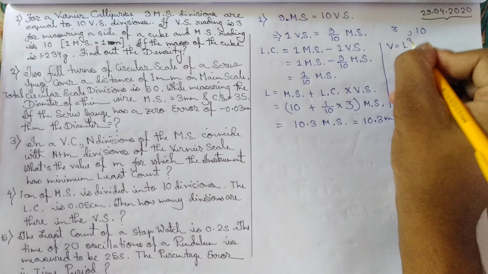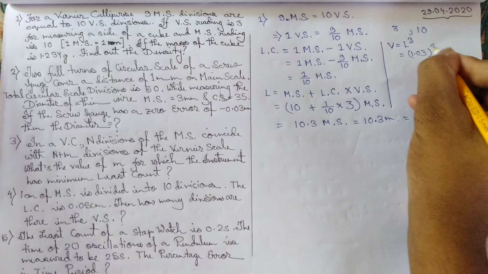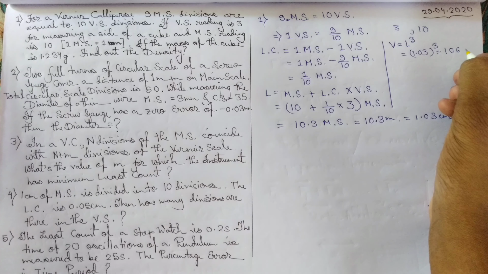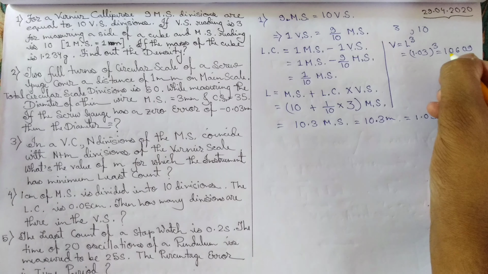So what will be the volume of the cube? We know volume equal to L cube. So 1.03 whole cube. So it will be 1.0609 centimeter cube.